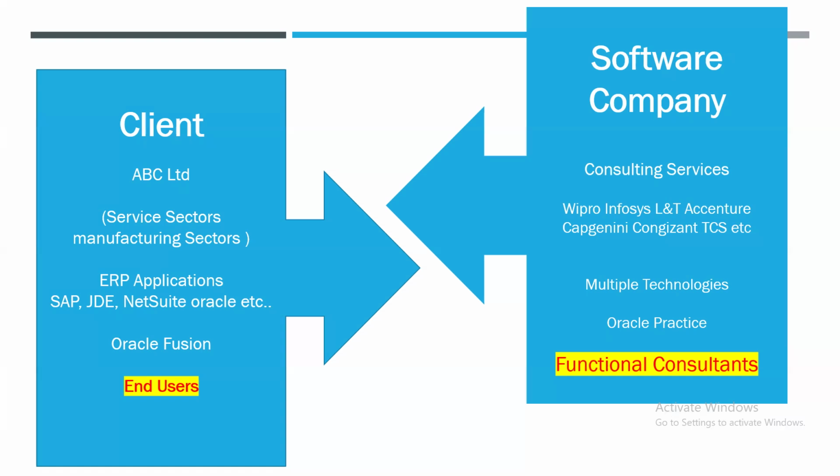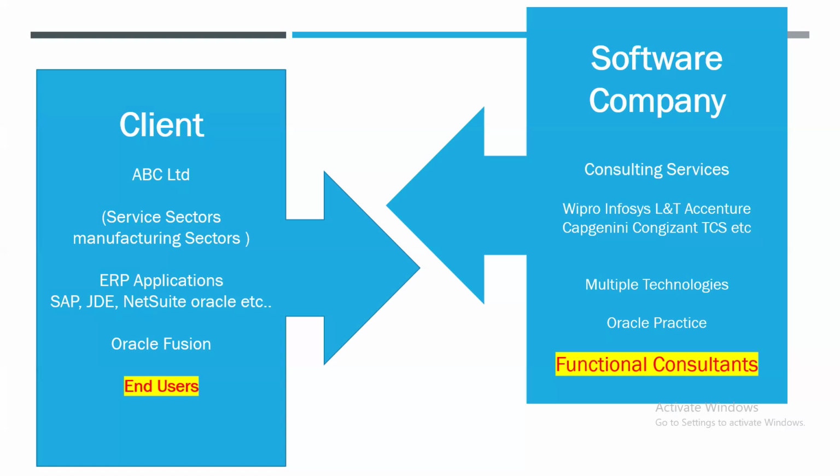So to continue the business process, the company will not give you full access to make any changes, any deletions, or any kind of impact on daily business activities. That is where the company will appoint a software company for consulting services.